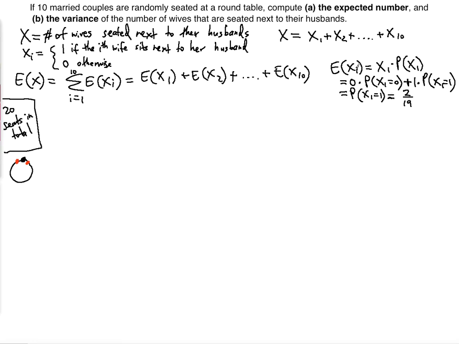So that's the expected value of the X1. So now what about the expected value of the others? Well, the expected value of the others is all going to be the same, right?